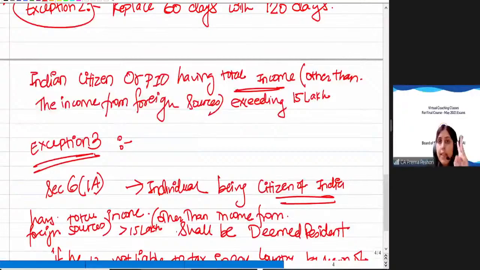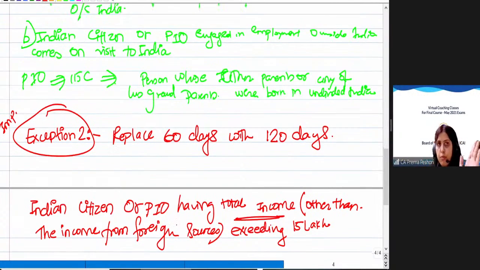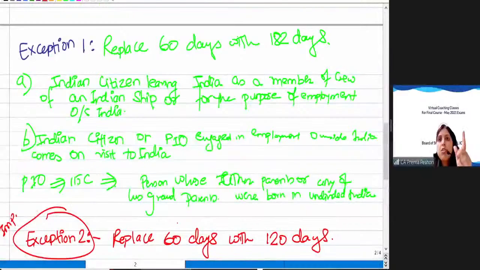Now there are 3 exceptions which are created. Now we'll break down this thing and understand what is the implication and why these amendments have been introduced. First exception, replace 60 days with 182 days for Indian citizen leaving India for the purpose of employment or as a member of crew of Indian ship. For him, only 182-day condition. Or Indian citizen or PIO outside India comes on visit to India.